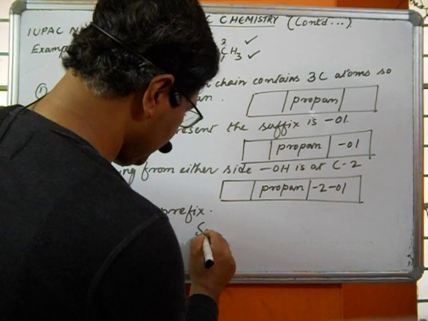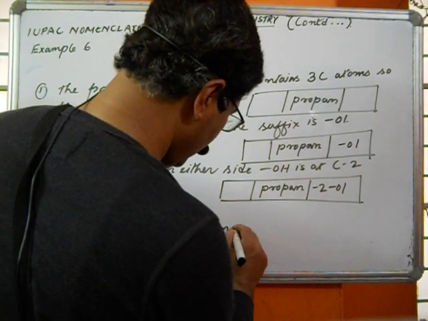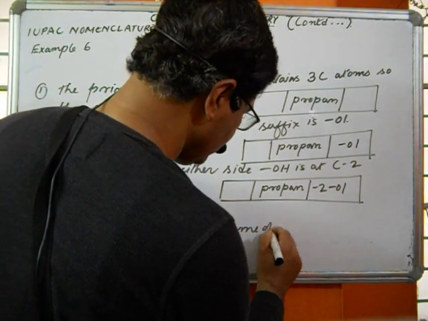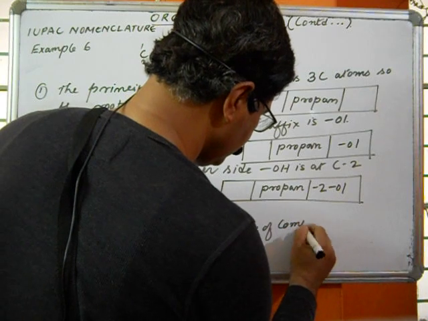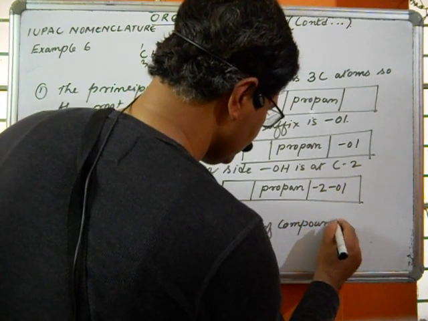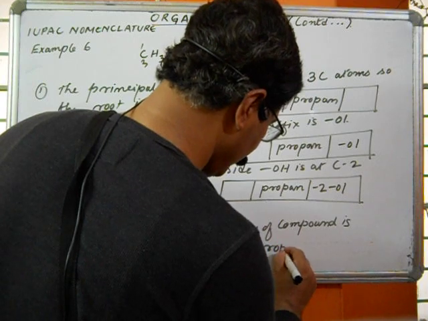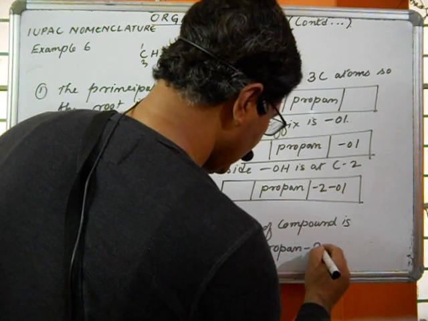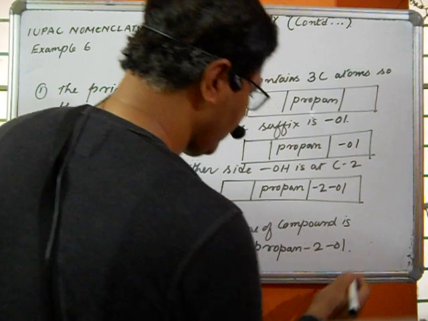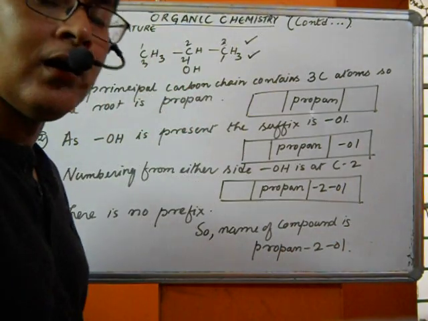So what will be the name of the compound? The name of the compound is propane-2-ol. So this is the name of the compound.